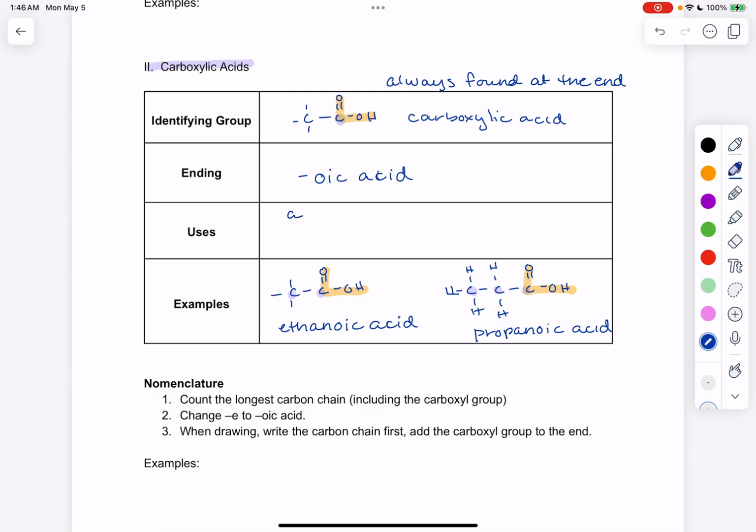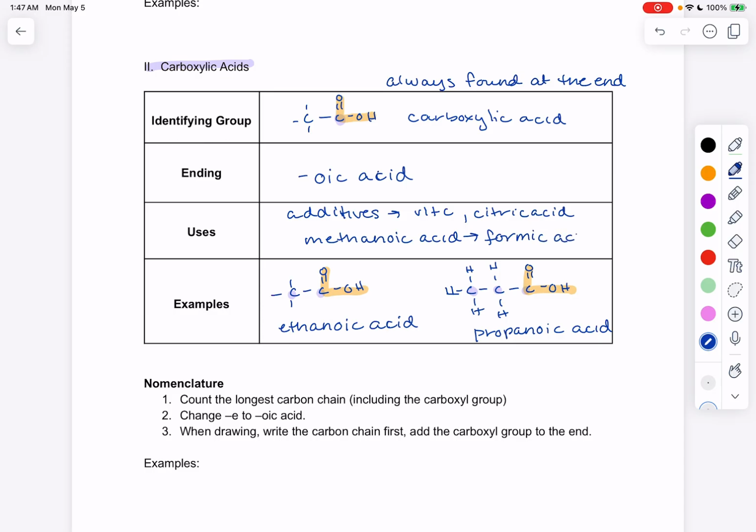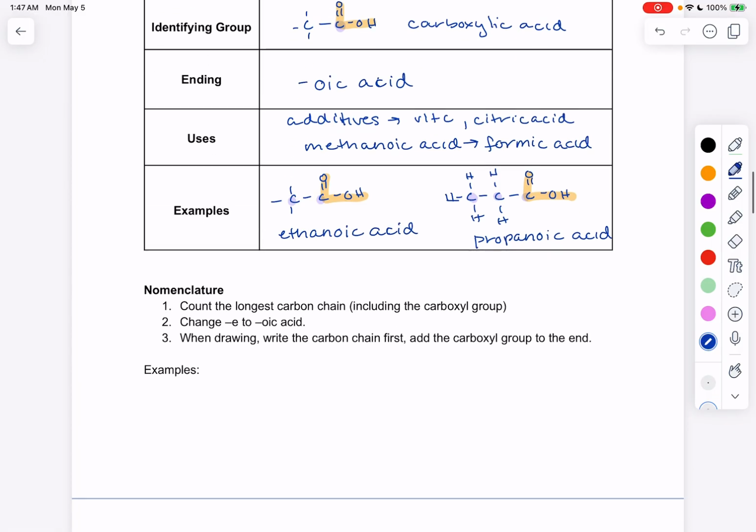They are used as additives, like vitamin C, citric acid. Methanoic acid is also known as formic acid. You guys look up what formic acid is. Okay, those are the only 2 things we're going to do.